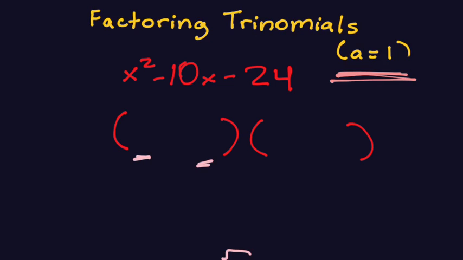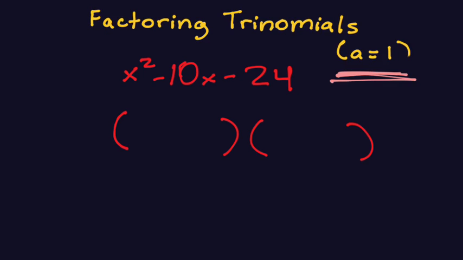This, and this. And in each parentheses, the 2 components are going to be adding or subtracting from each other. And then when you multiply them together, you will get to this trinomial. Okay, so that's what we're looking for. We're trying to fill in these parentheses through factoring.